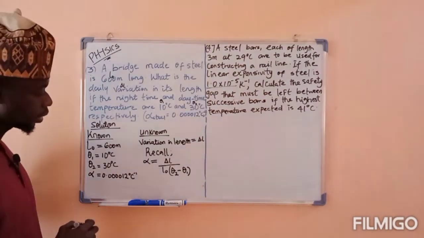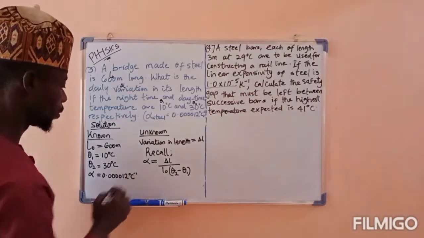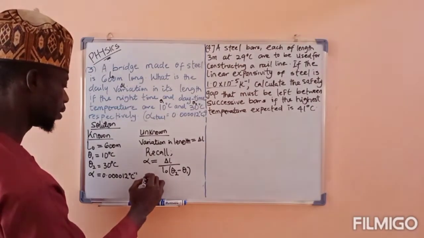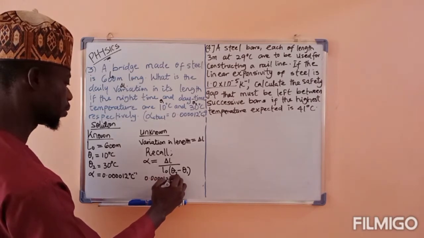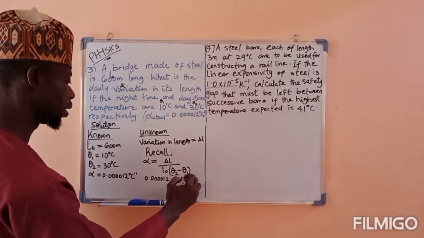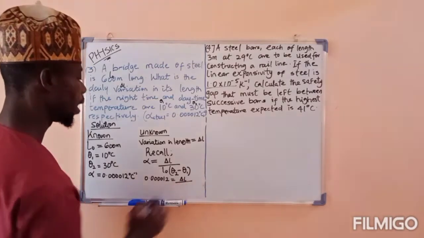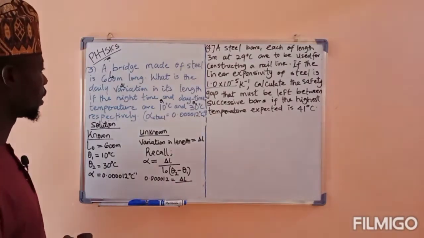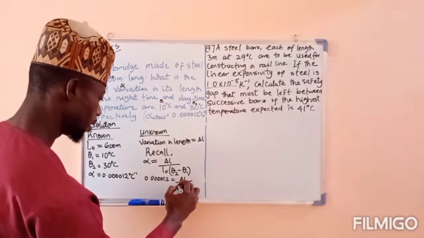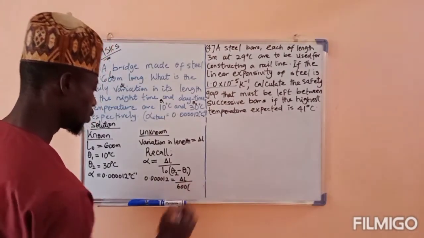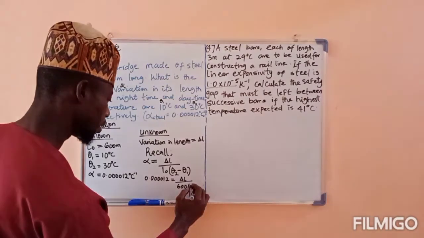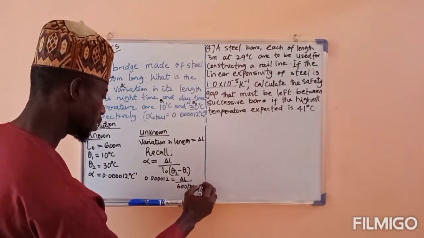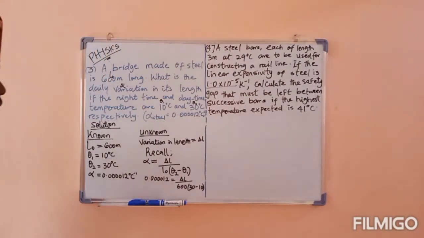Now, the next thing, you input your value. I have 0.000012 is equal to change in length all over original length, 600, into final temperature, theta 2, 30, minus 10, the initial temperature.